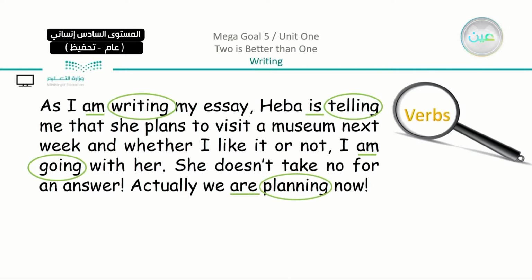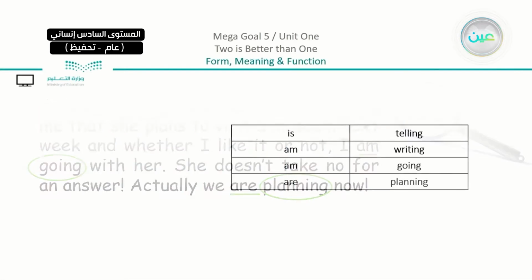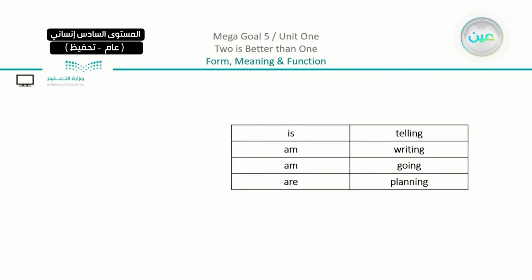Now you can see the difference between the verbs that I used here and the ones that we just discussed, the present simple. You can see that we have here verbs that have an ing. And with every verb, I underlined the helping verb. So let's just see. Now you can see here, we have is telling, am writing, am going, are planning.